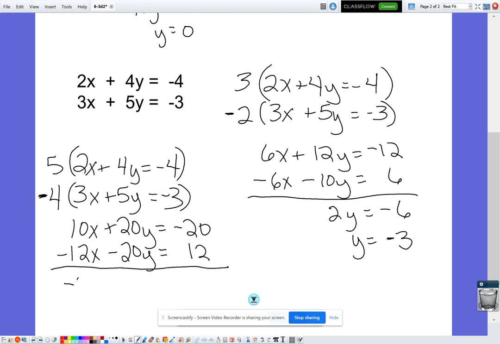Now, when I add down, I get a negative 2x equals a negative 8. So x equals 4. So 4, negative 3 is our intersection. Okay. Questions?